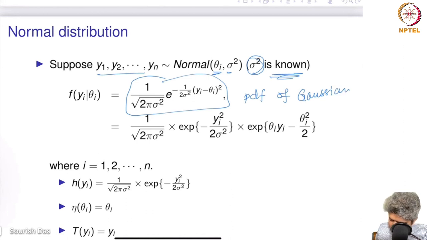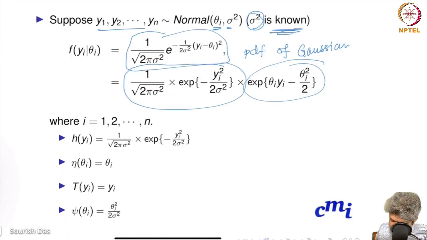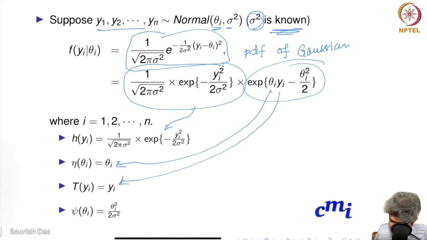You can take the PDF and write it in this format, and this is my h of y, theta_i is this, yi is this, and theta_i square by 2 sigma square is my psi of theta_i.